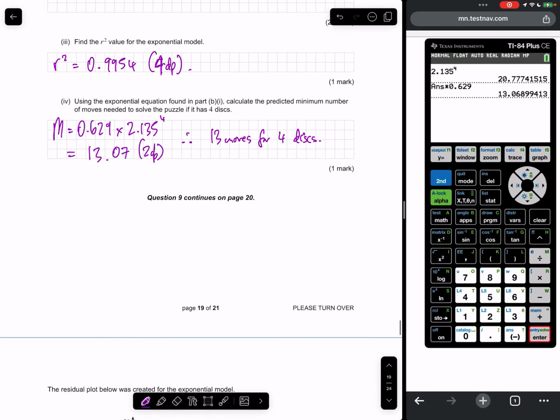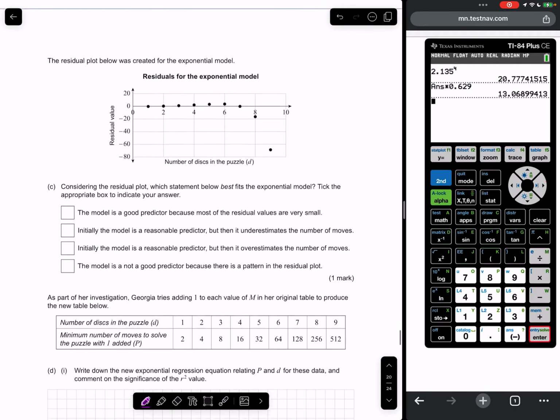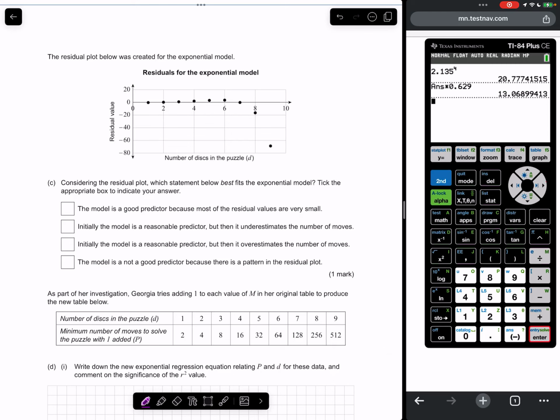Page 19, down. A residual plot below was created for the exponential model. There's a very clear shape to this. Considering the residual plot, which statement below best fits the exponential model? Tick the appropriate box. The model is a good predictor because most of the residual values are very small.